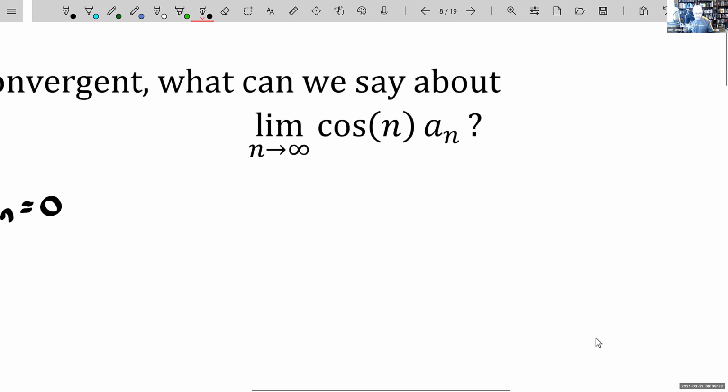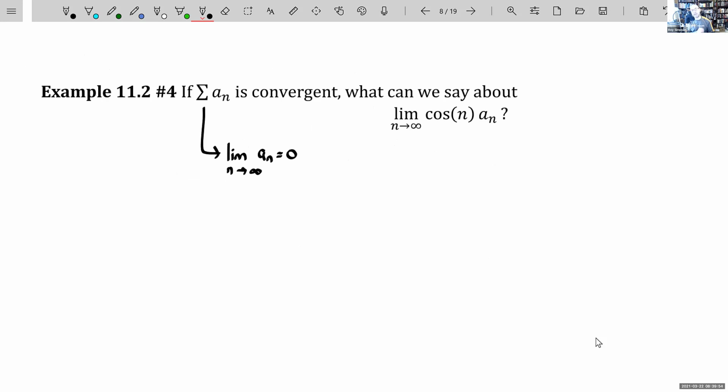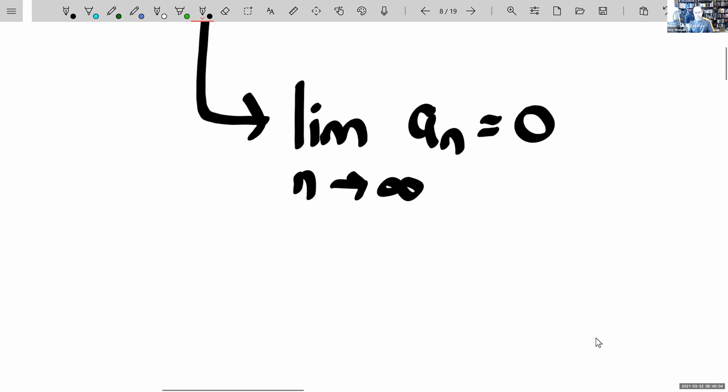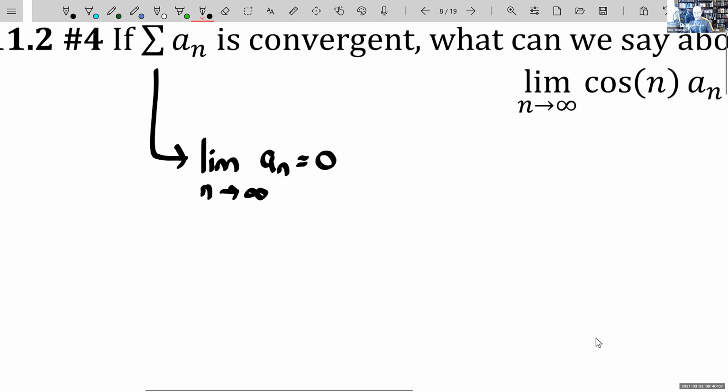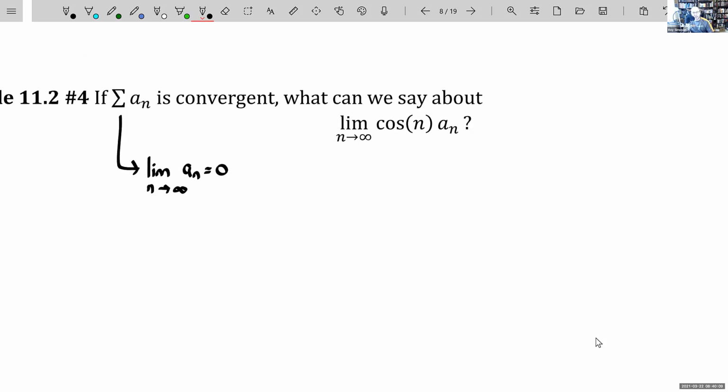Well, I know the limit of a sub n is 0. But if you say, well, 0 times anything is 0, you're wrong. In calculus, this is something approaching 0. It's not 0. So you cannot say this is 0 times cosine of n, and so it's 0. You have to actually use some theory and rigor.